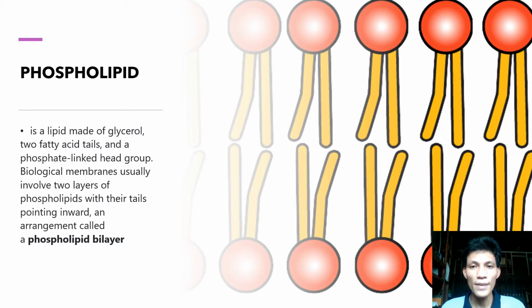This is the main building block of the plasma membrane. A phospholipid is a lipid made of glycerol, two fatty acid tails, and a phosphate link head group. Biological membranes usually involve two layers of phospholipids with their tails pointing inward, an arrangement called a phospholipid bilayer.